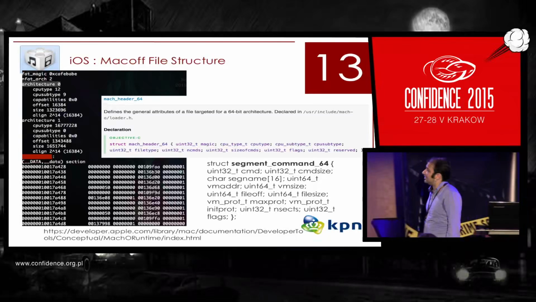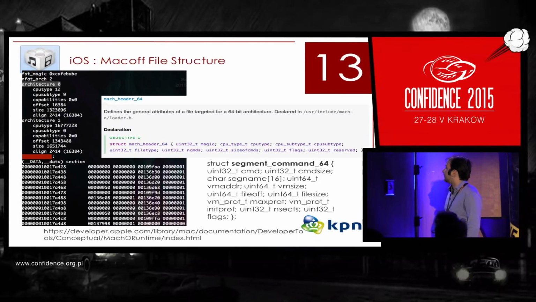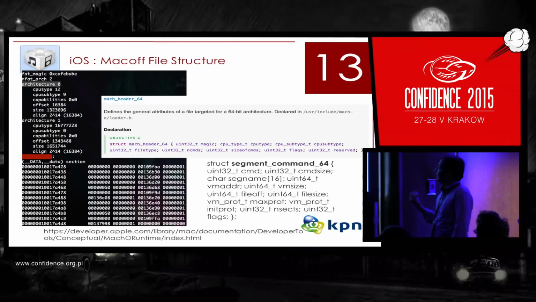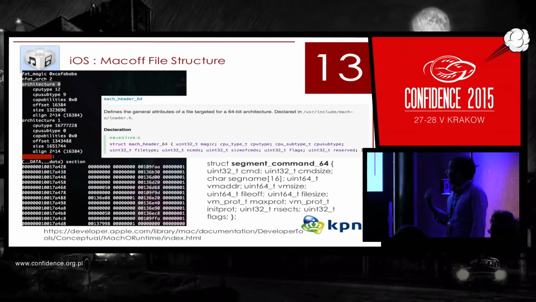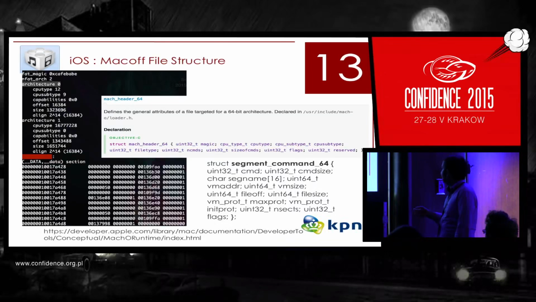The Mach-O file structure has been changed a little bit in the 64-bit implementation. Mach-O is simply the executable format on iOS devices. And it looks like this. The 64-bit implementation is built upon the 32-bit one. However, the segments changed a little bit.